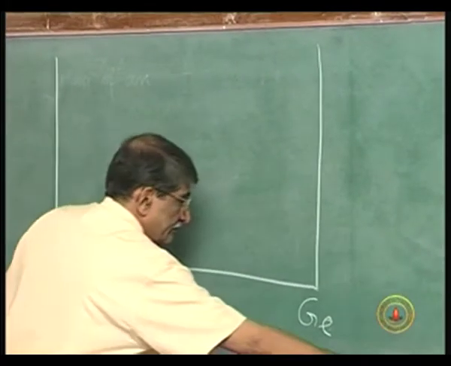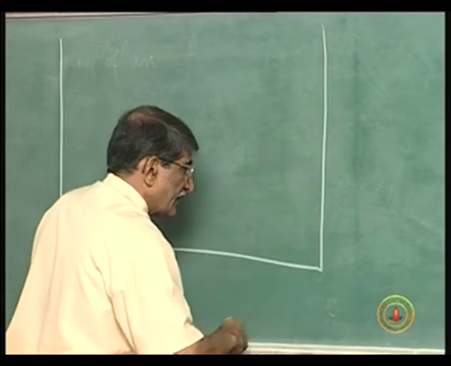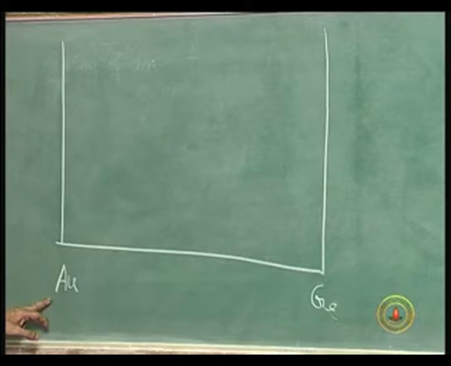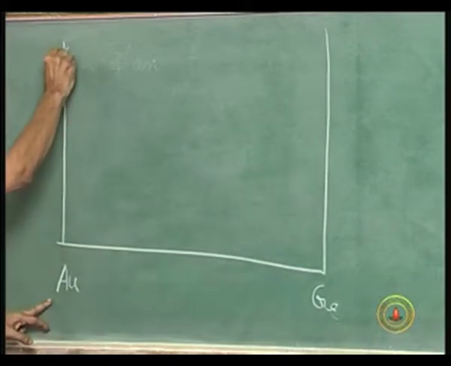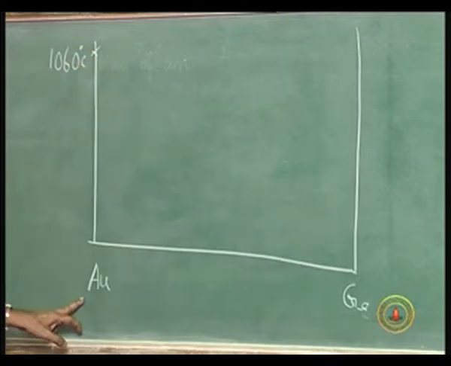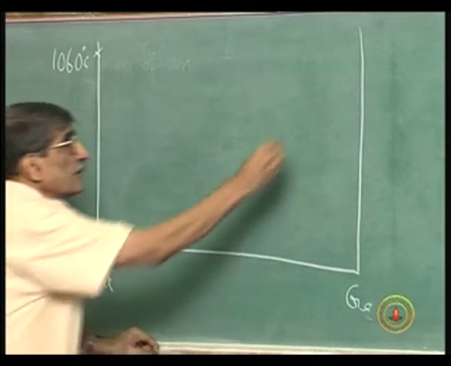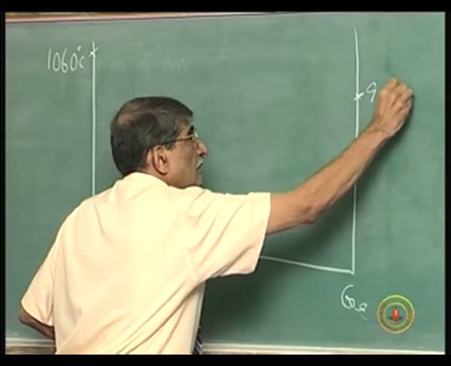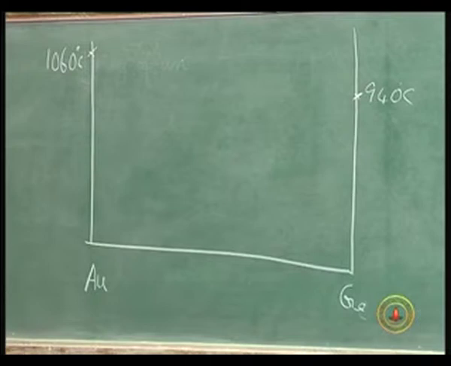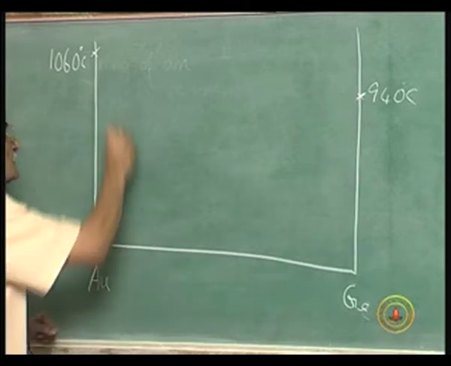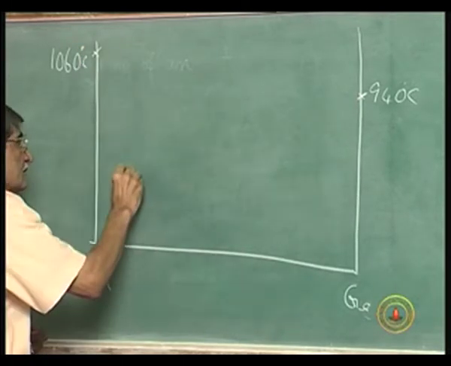So if you take 100% gold, that has a melting point of 1060 degrees centigrade, and germanium has a melting point of about 940, around 936 or so degrees centigrade. Okay. That is the melting point. Now when you mix them together, the phase diagram is something like this.